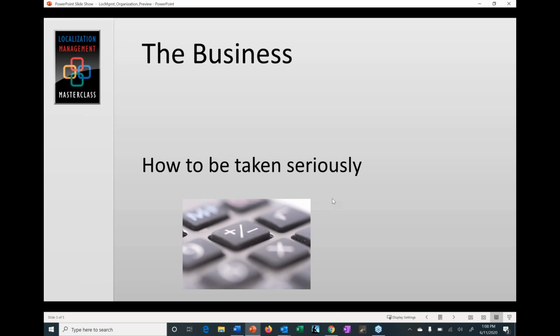If you operate this way, and if you present yourself this way to the rest of the company, this allows you to be more integrated into the business of the company and how you can contribute to the success of the company. So this allows you eventually to be taken out of just a service and more thoroughly incorporated into the business.